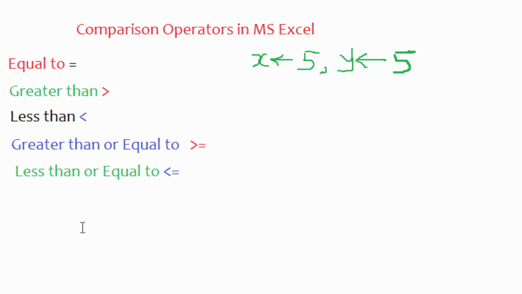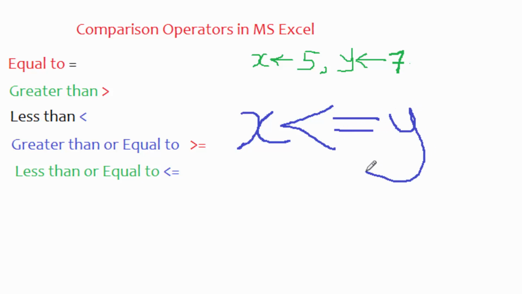Okay, and in this case, let me just adjust this value here and give my y the original value of 7. Now, if I want to use this expression, I can just write it like this. Check if x is less or equal to y.